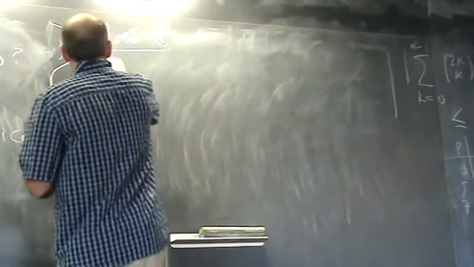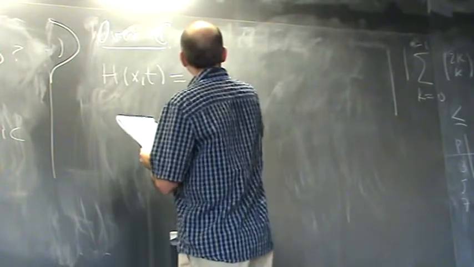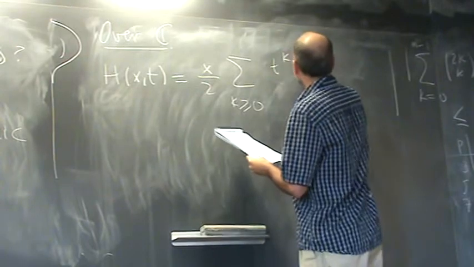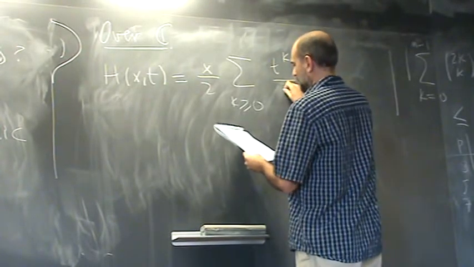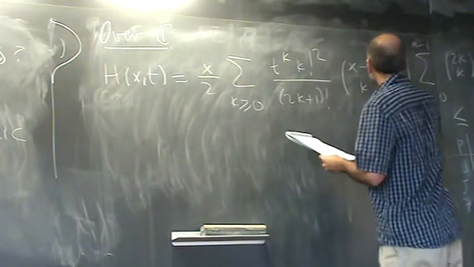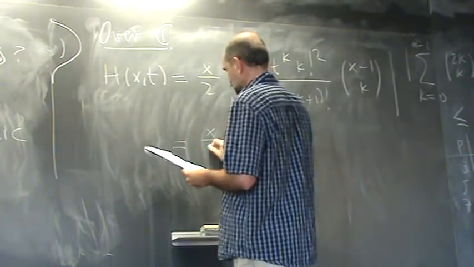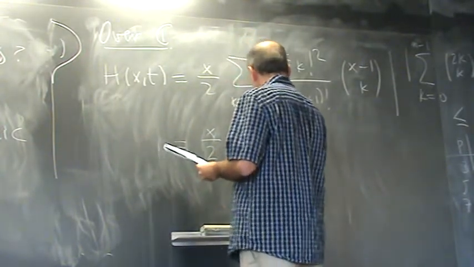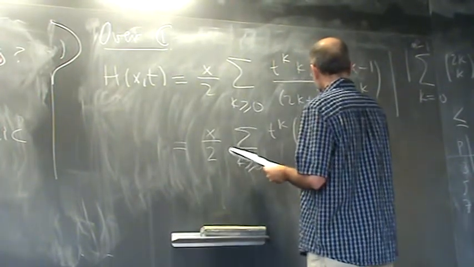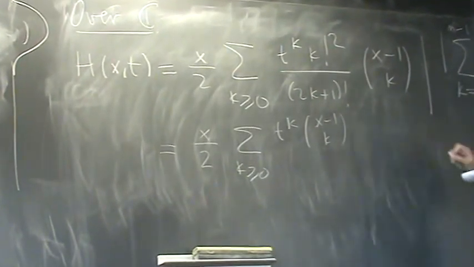Okay, so by a simple manipulation, you can rewrite the original expression I had for H as follows. And this is following an idea that Don uses to prove that B1 is 0. You can write this ratio of k squared factorial over 2k plus 1 factorial as a beta integral.